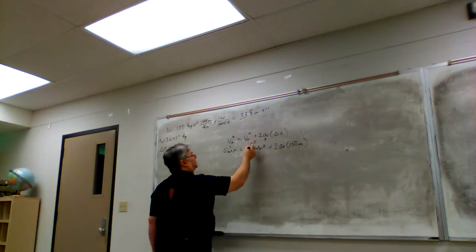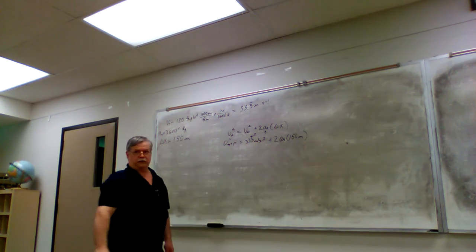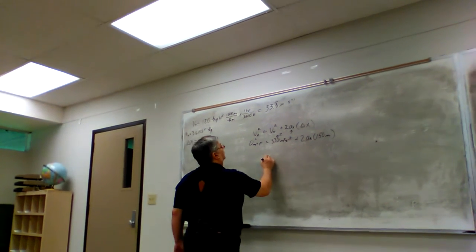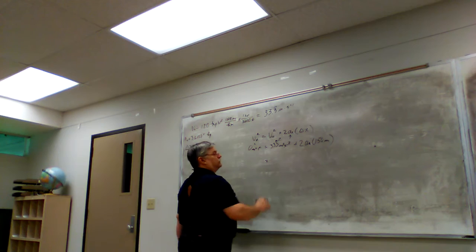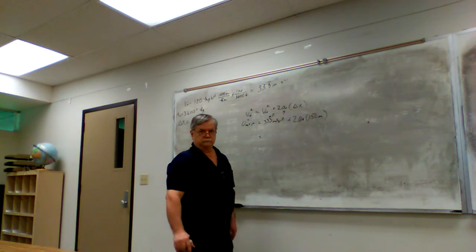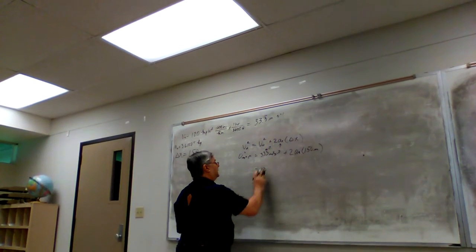Now let's clear something up here because that 3 bar looks like a 3 to the minus 2. So what's 33.3 squared? 1,108.